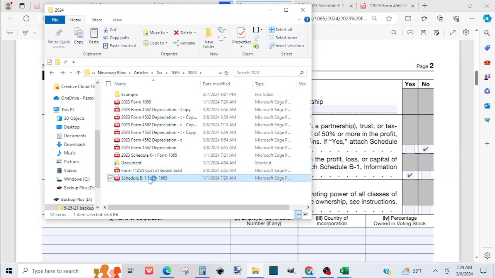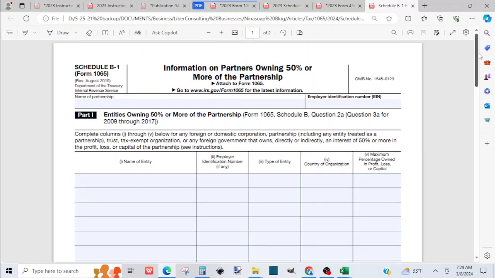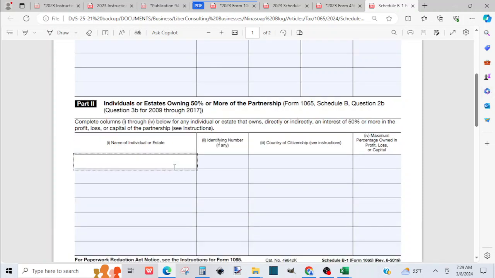Schedule B1 has two parts, and I believe the bottom part is what will be needed. The bottom part is for individuals owning the business. You'll put the partner's name, and I'm just going to put P1 for partner 1. You'll put the partner's SSN, the partner's country, USA, and you'll put the ownership.